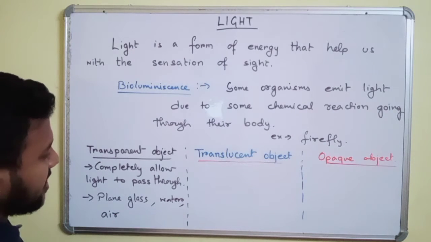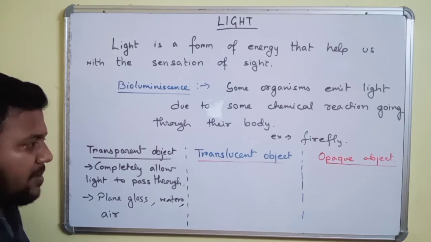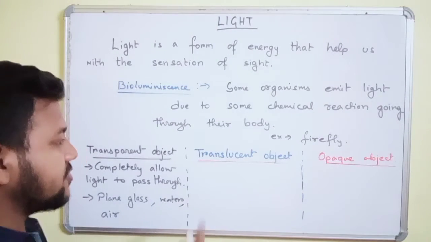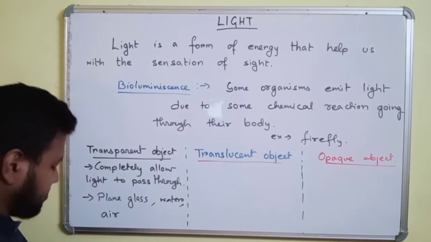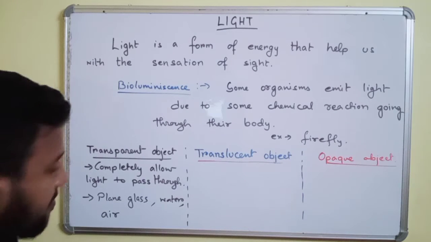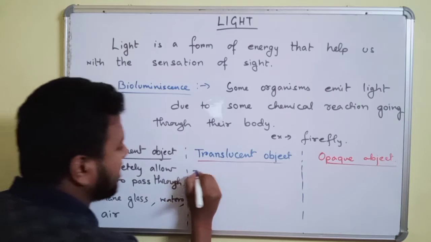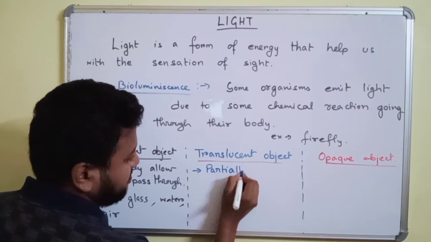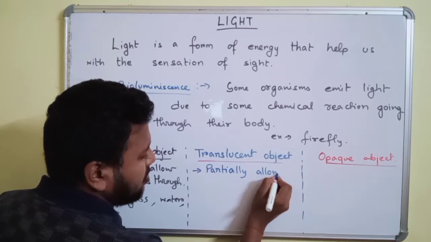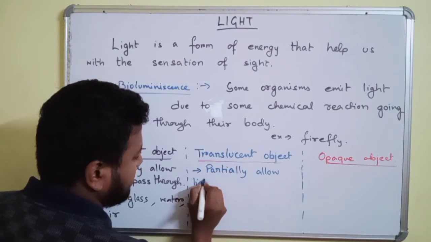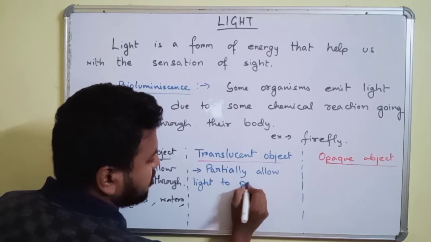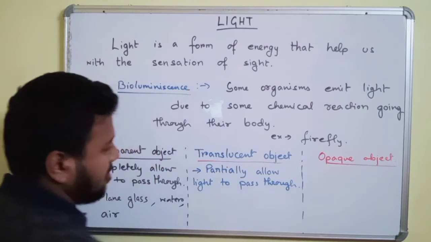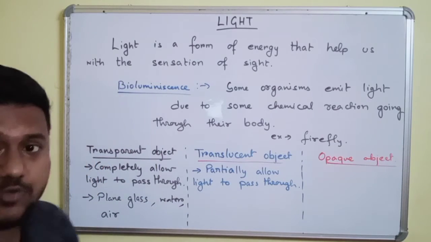Moreover, when we come across the term translucent, translucent objects are the objects that partially allow light to pass through them. Now we can talk about plastic.